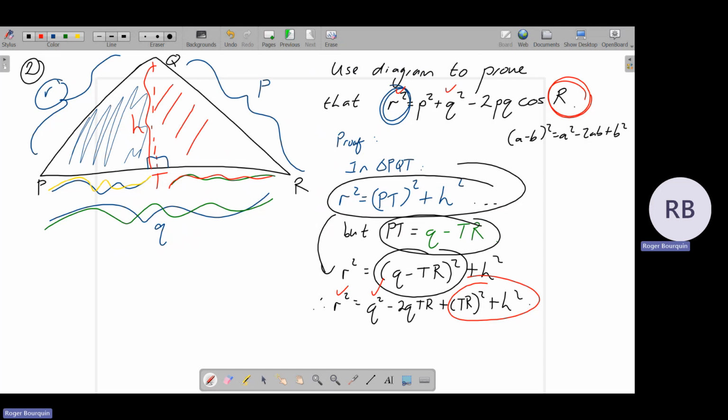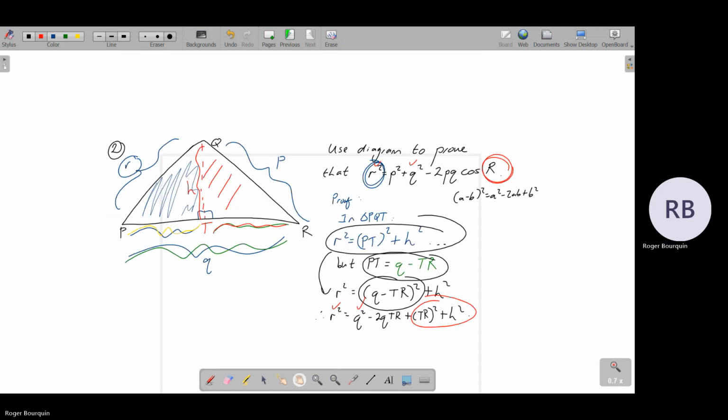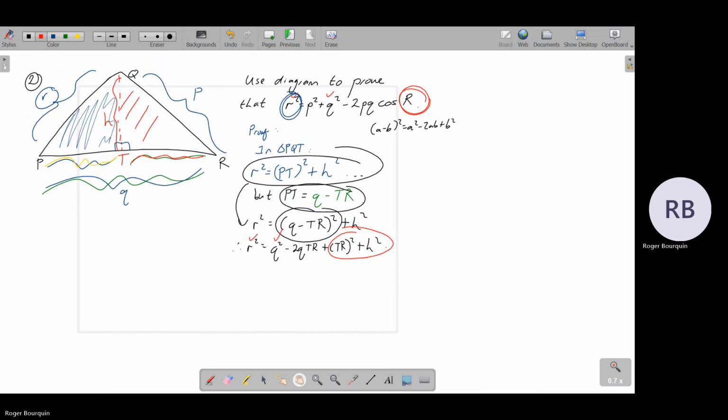But in triangle QTR, the red one over here, this is the hypotenuse, P. In triangle QTR, P squared is equal to TR squared plus H squared.